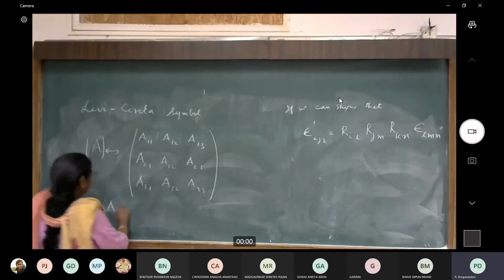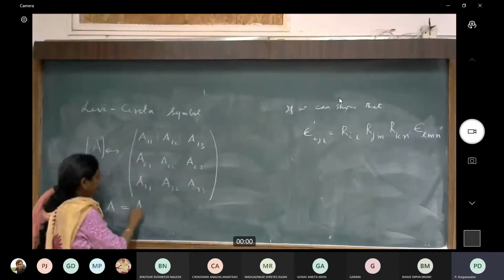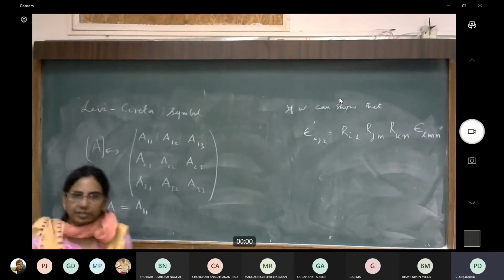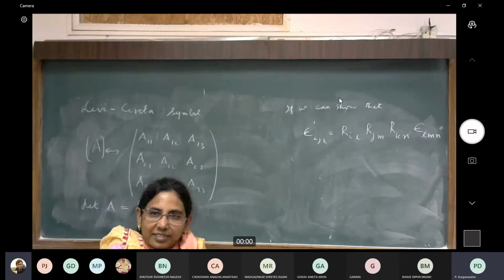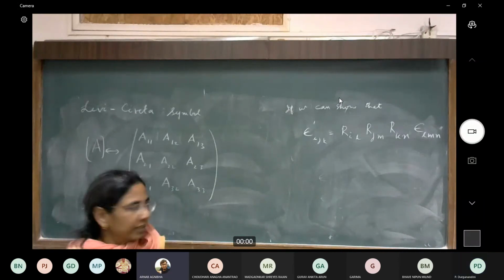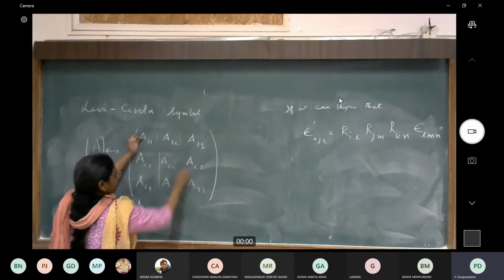I think you do this in school. You write A11 into the cofactor, A22 into A33 minus A23 A32. So we write this into the cofactor of this, and the cofactor of this is this determinant.